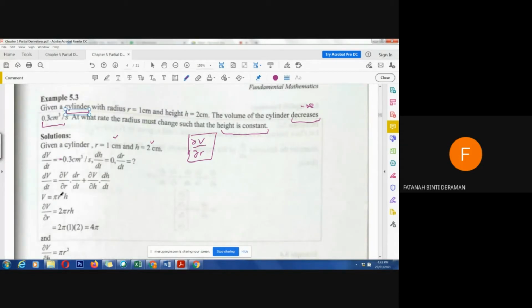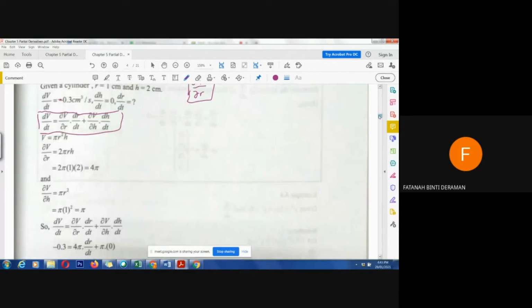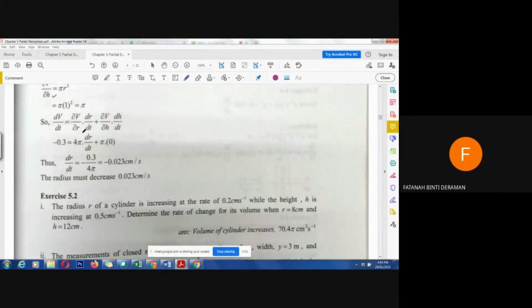We have this information, and we know that dV/dt equals dV/dr times dr/dt plus dV/dh times dh/dt. So we will have this formula, and then we find first the derivative with respect to r, and then with respect to h, put them into the formula, and then we simplify dr/dt. We make it the subject, and then we get this rate. So the rate for the radius is 0.0323 cm per second.